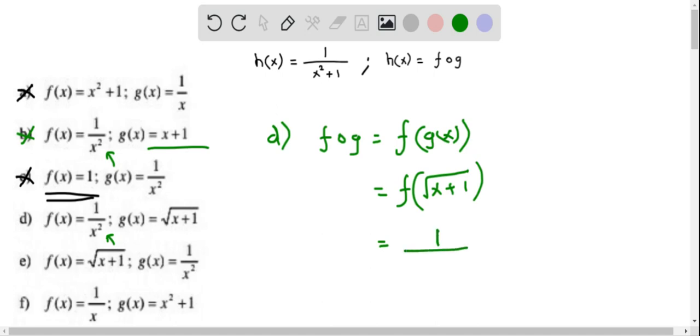So when we do that, we get 1 over the square root of x plus 1 quantity squared. When you square this, the square root as well as the power of 2 will get cancelled. So we will have only 1 over x plus 1. And clearly this is not equal to h of x. So choice D is not correct.